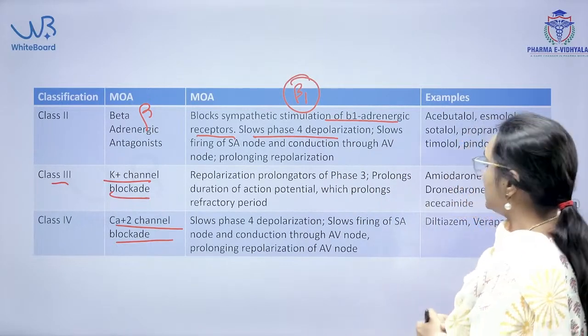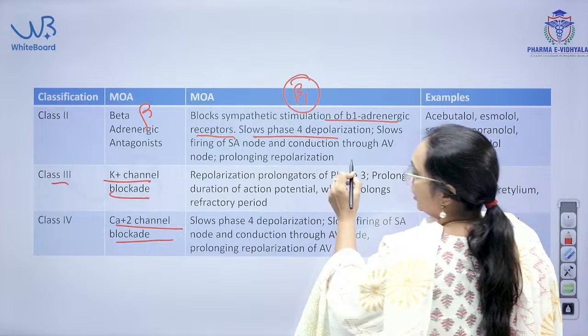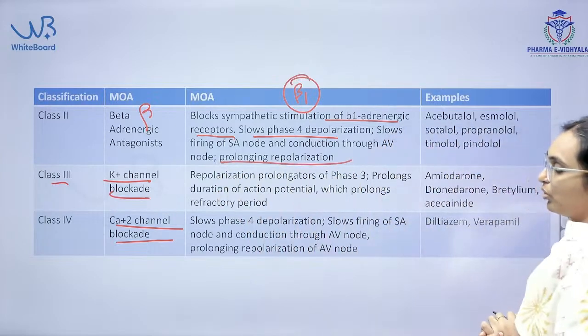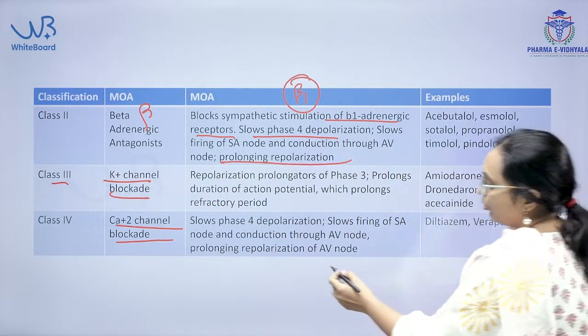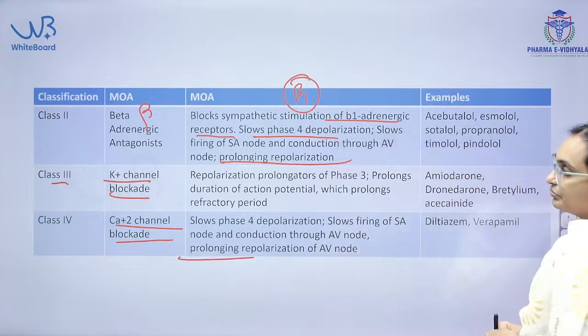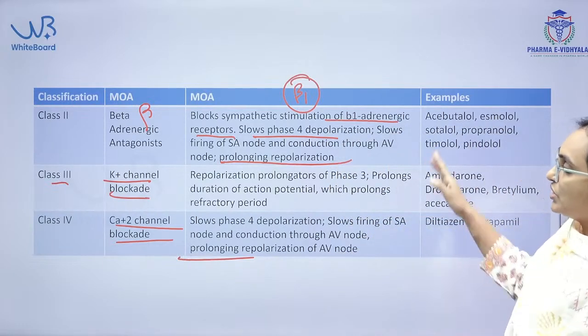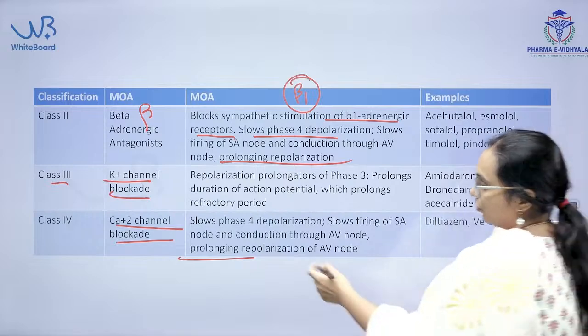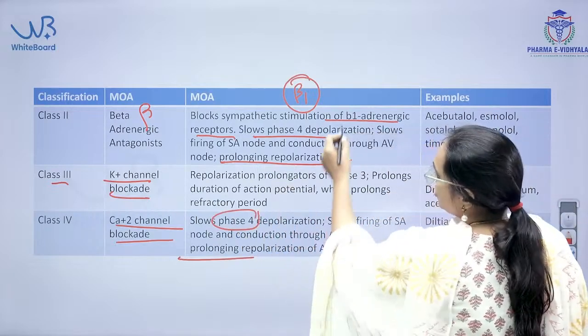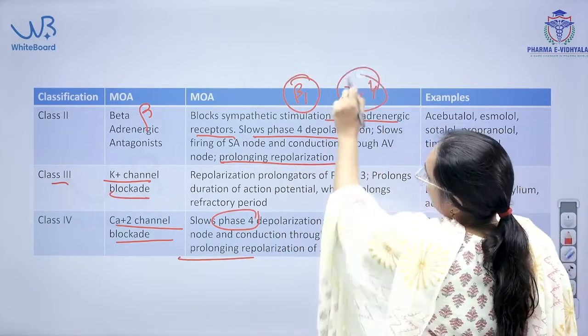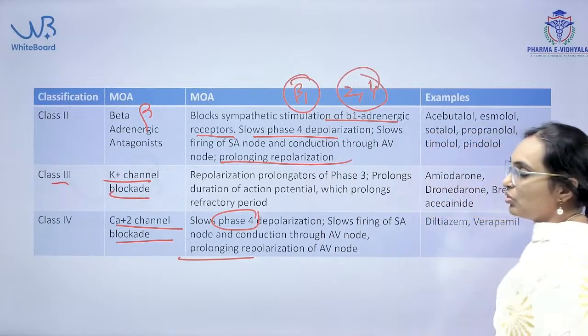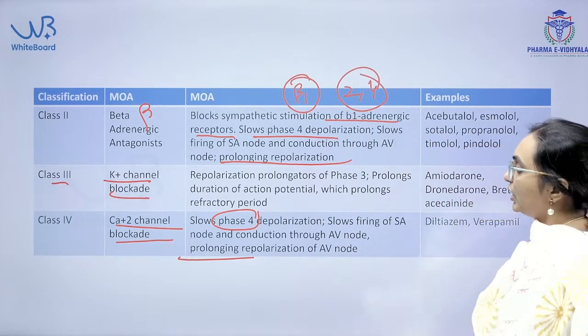So, repolarization prolongators, they prolong the repolarization here also. Phase 4 is class 2 and class 4. Class 2 and 4 slow down phase 4 depolarization.